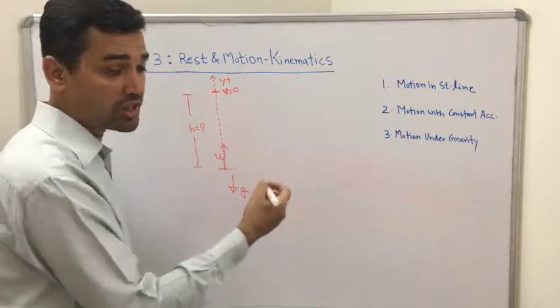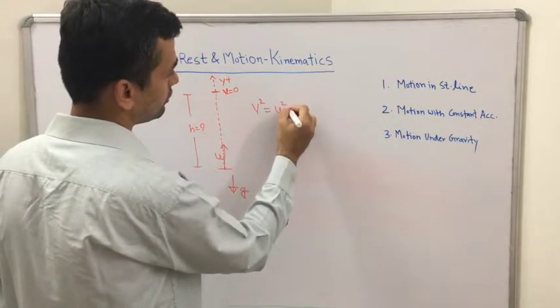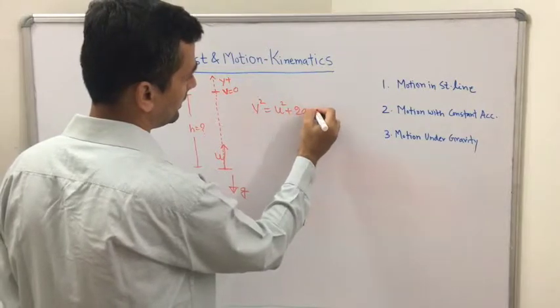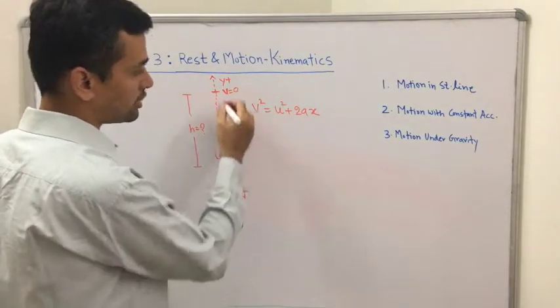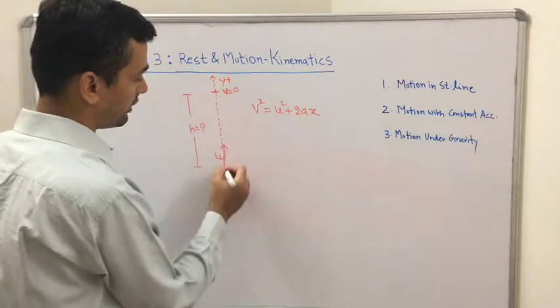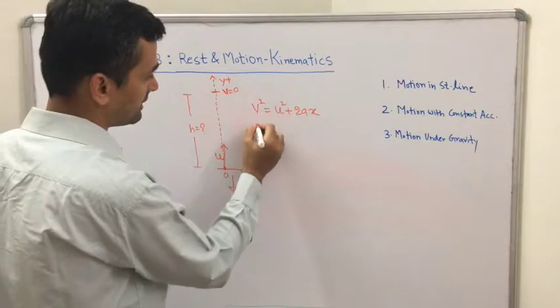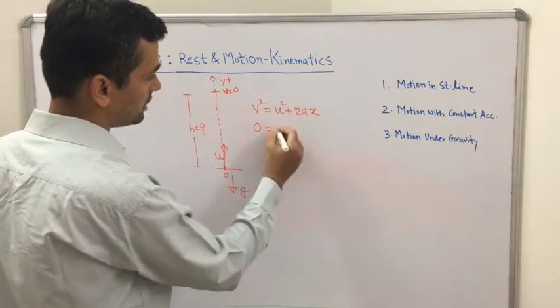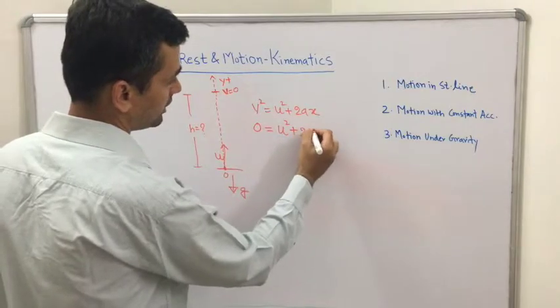So if I use the third equation of motion, this becomes v square is equal to u square plus 2ax. Now when I apply this in this situation, under my frame of reference where I have considered this to be origin and this to be positive, I say final velocity is 0, initial velocity is u, so u square positive, plus 2a.